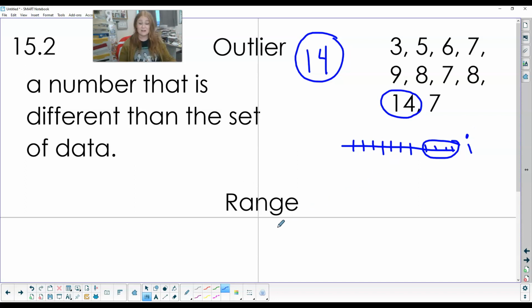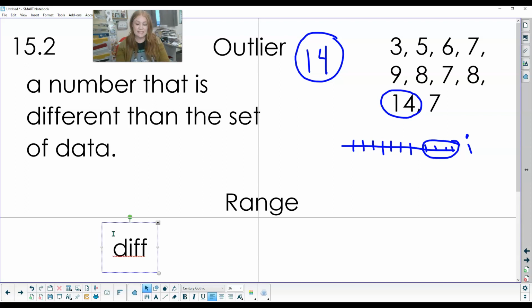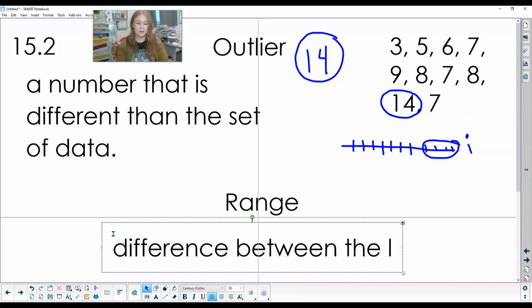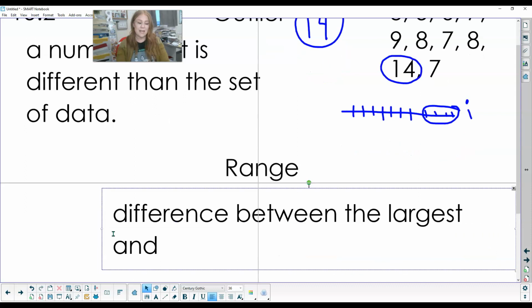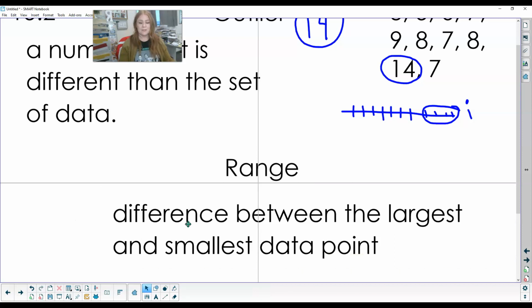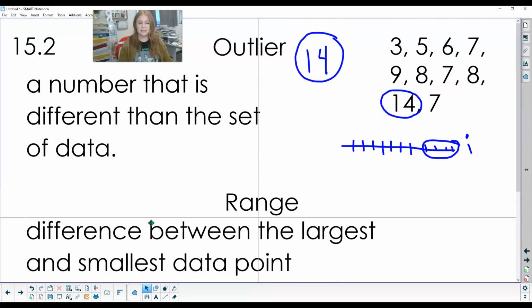Okay, and then the range is the difference, subtraction, between the largest and smallest data point. So our largest data point in here is 14. The smallest one is 3. And the difference is 11. So the range of our data spans 11 data points.